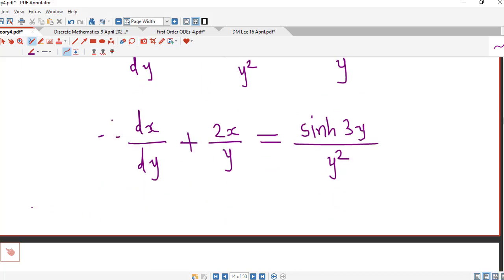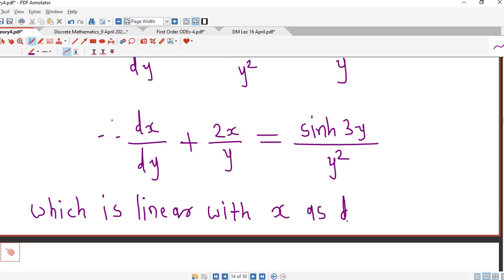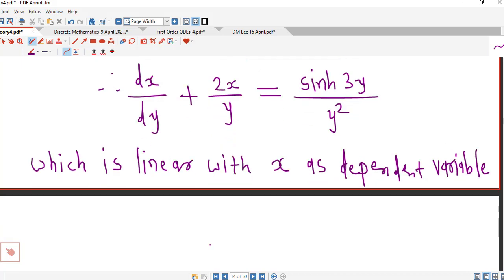So this is linear with x as the dependent variable, and y is the independent variable.